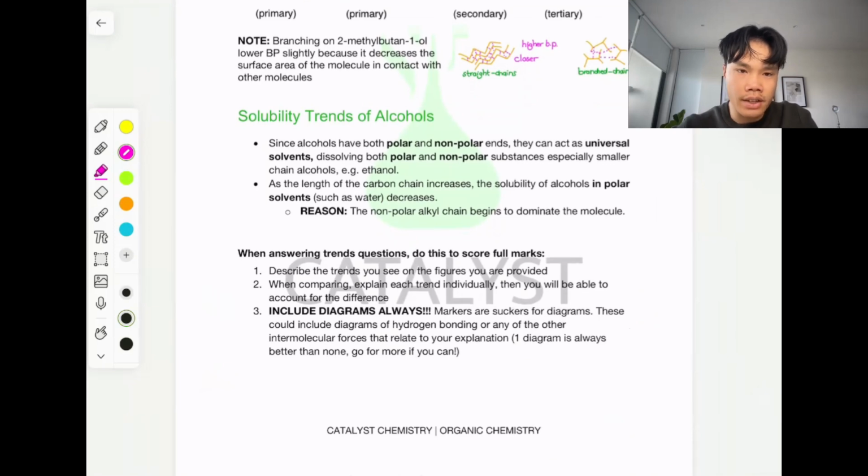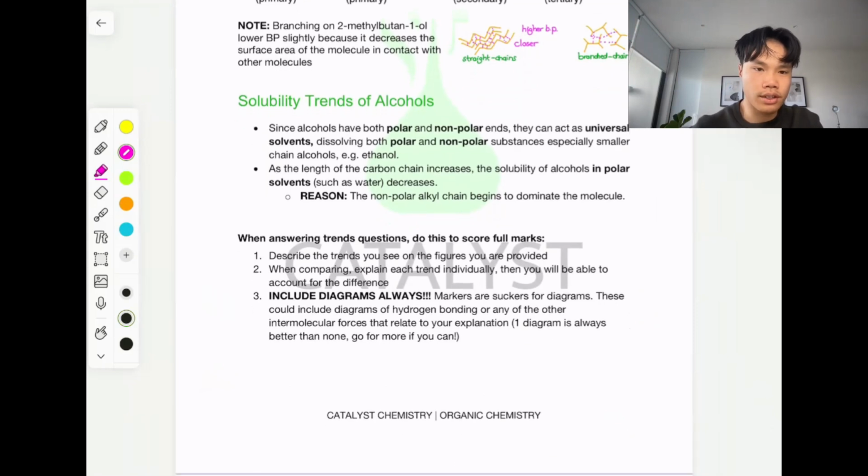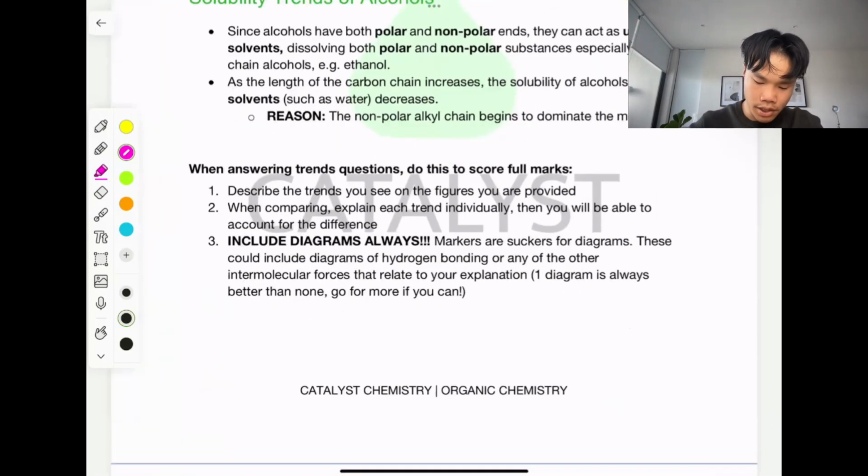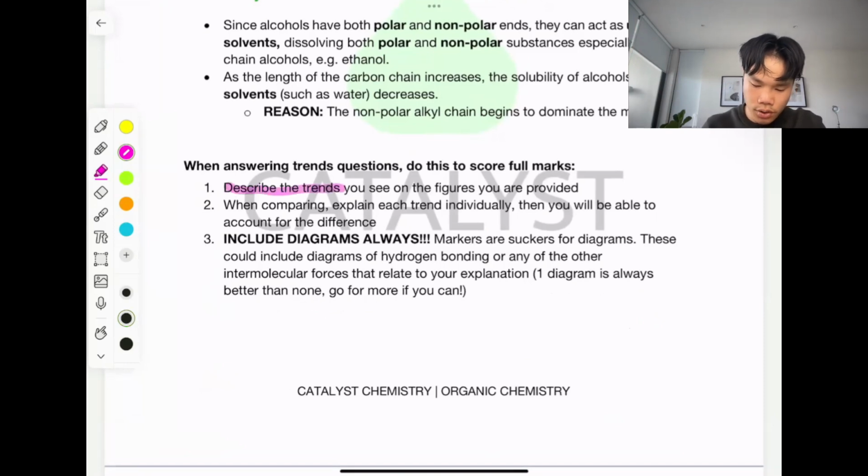Solubility, as the alcohol becomes longer in the chain length, it becomes more nonpolar and hence solubility in water will decrease. My advice, as always, describe the trend you see on any figures you're provided or tables, explain each trend individually, and then you can compare them against one another.